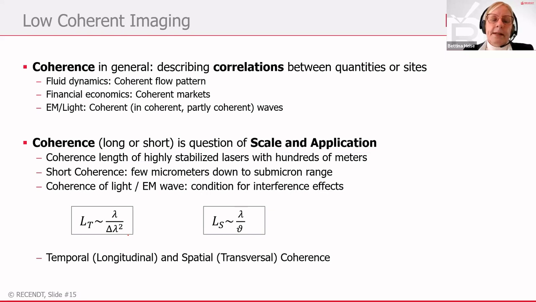In principle we can also define this for thermal sources, but then it goes very far down, below 1 micrometer. Additional to the temporal coherence, we have the spatial coherence, which depends on the wavelength and inversely on the divergence angle of the source. These two quantities give us the freedom to design for the application and can be exploited.